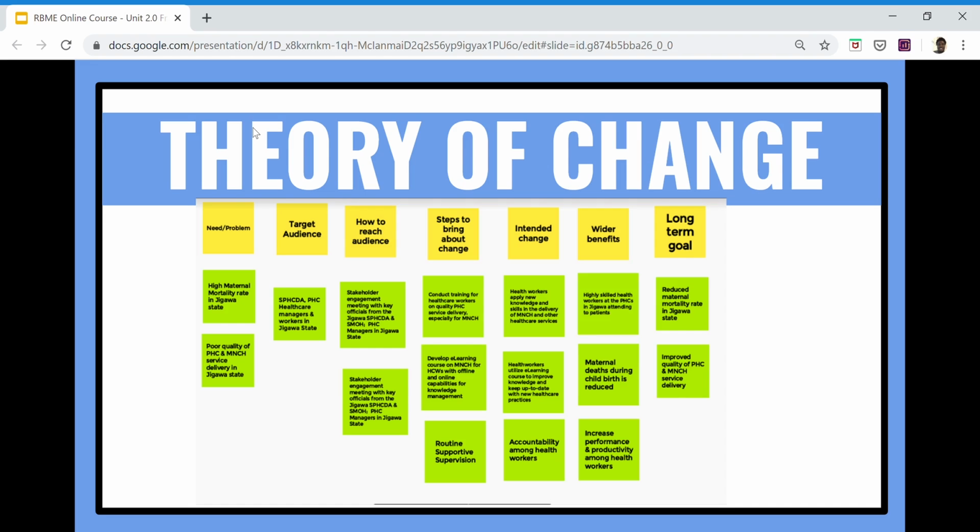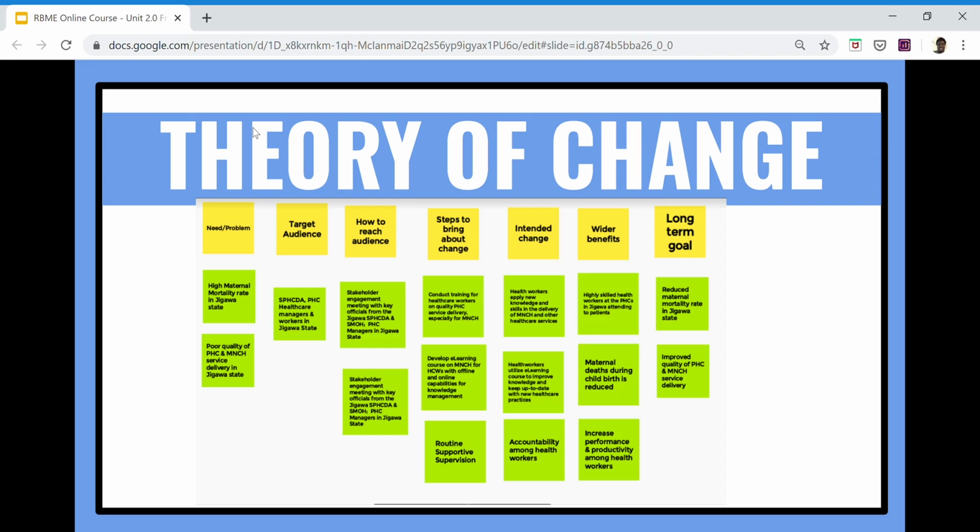Also, if you're working for a foundation, you might be recruited after the strategy has been designed for 5 years or so. So you should think about reviewing the theory of change, because the theory of change is the foundation for everything else you will be doing, like deciding on indicators.